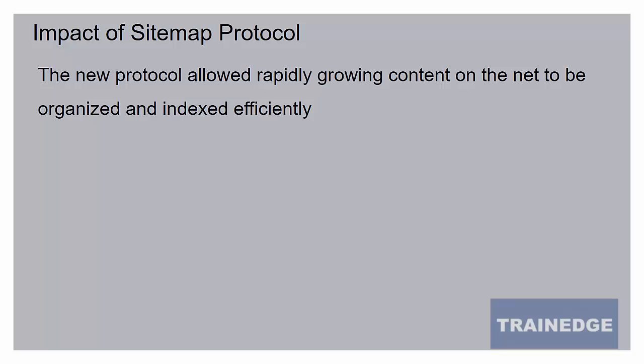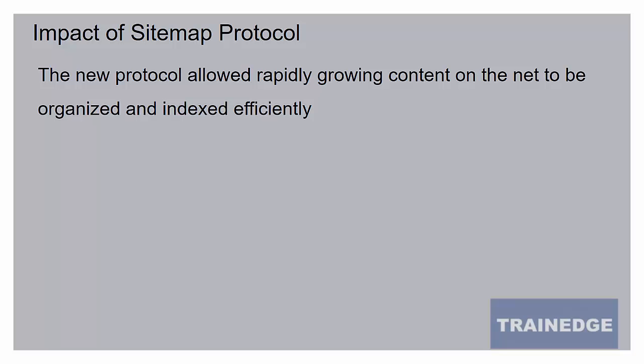So everybody started adding lots and lots of content. As the amount of content started to explode, it became very difficult for websites to manage it and for Google to index everything that was going around on websites in an efficient manner.